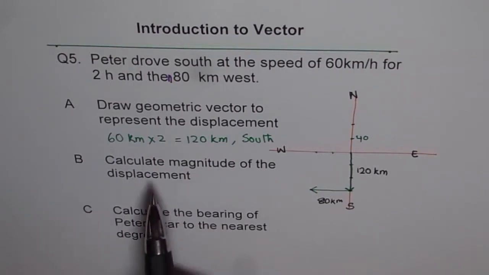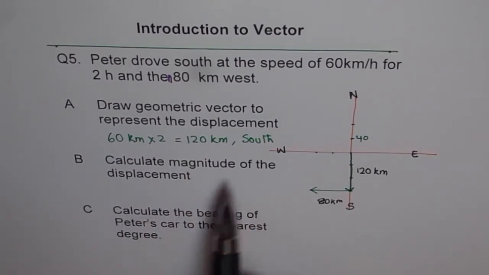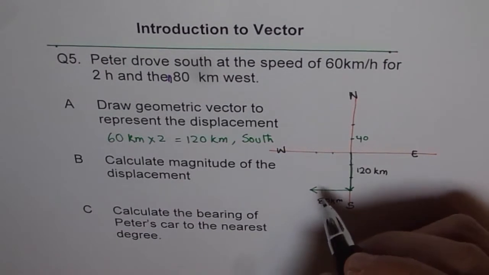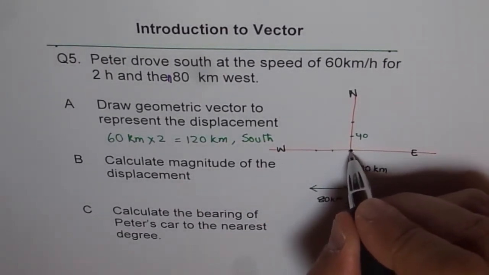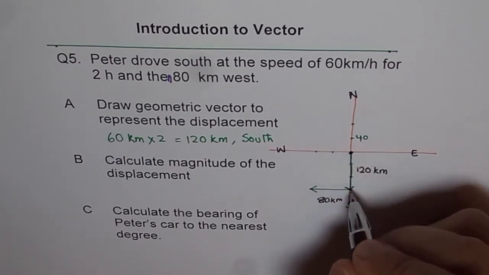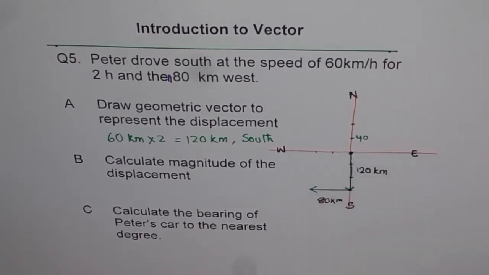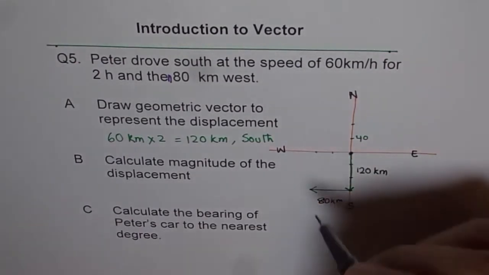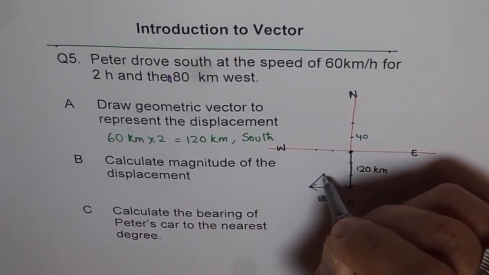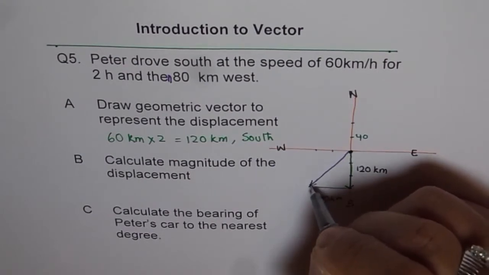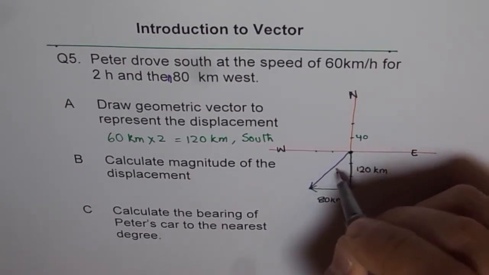Second part is calculate the magnitude of the displacement. Now the magnitude of the displacement actually is from the initial starting point to the final. So when you add them up, what do you get? You get this final, correct? Let me draw this final. So from here to here, that is what you get. So let me draw a line with an arrow showing this. So that becomes final, right?